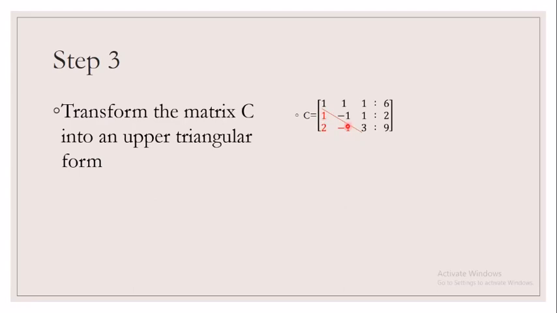So you have to make the elements beneath your diagonal elements 0. That is, you have to transform 1, 2 and -1 to 0 by applying some operations. Okay, I hope you understood what upper triangular form is, or how to transform the augmented matrix into upper triangular form. So that is step 3.